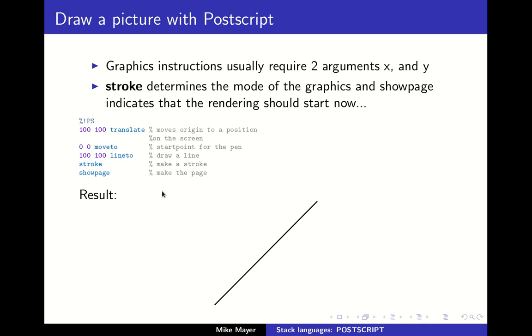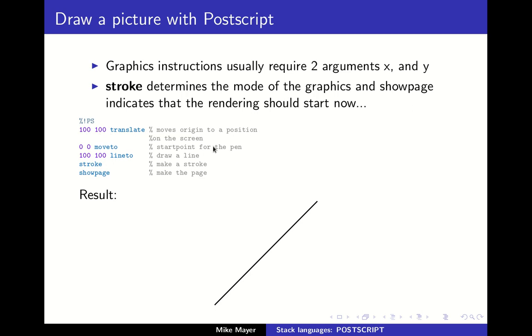Okay, let's go to a little program that draws a line. If you want to call this a picture, you could also call this a picture. Here, again, is the magic number or intro for Postscript, and then we translate the coordinate system by 100 and 100 units. X should be translated and Y should be translated.